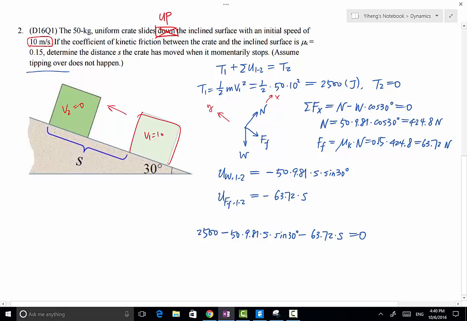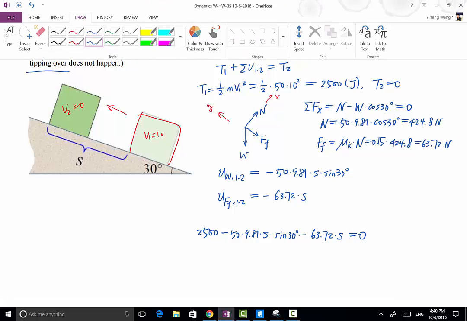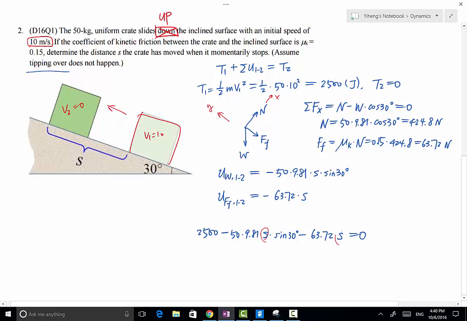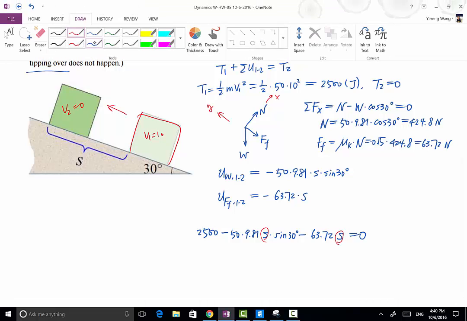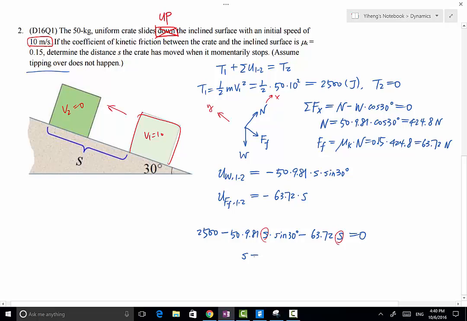And that equals 0. So we have one equation with only one unknown. The unknown is s. This is a linear equation, shouldn't be too hard to solve. Therefore, from here we can solve for s to be 8.09 meter. And this is how much the crate would have moved before it stops.